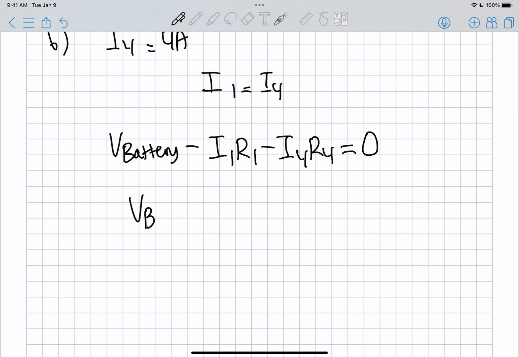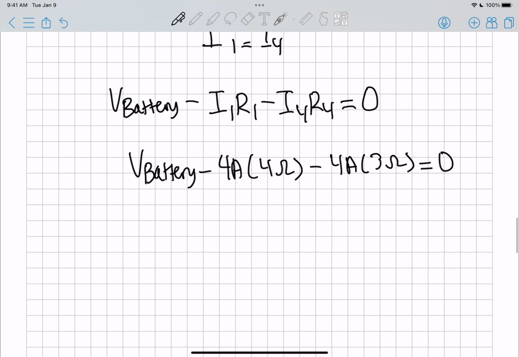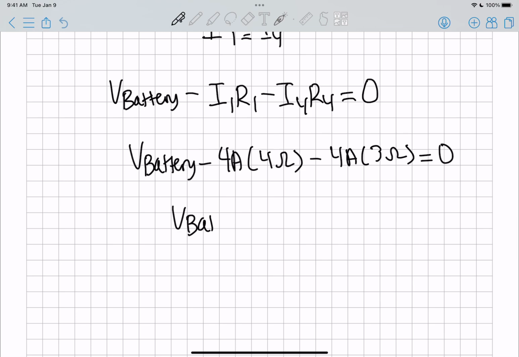Okay, so V battery is equal to 4 amps times resistor 1, which is 4 ohms, and then minus I4, which is 4 amps, times resistor 4, which was 3 ohms, and that's equal to 0. So V battery would be 16 volts plus 12 volts, so 28 volts.